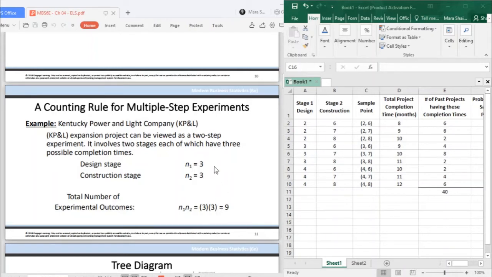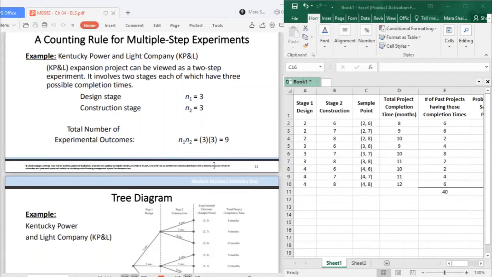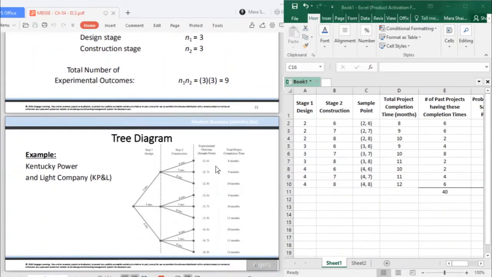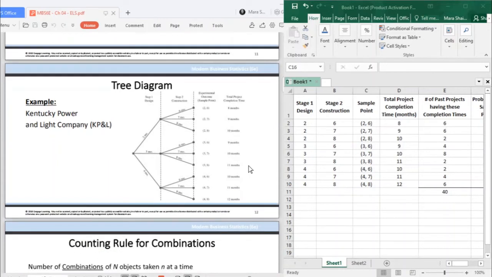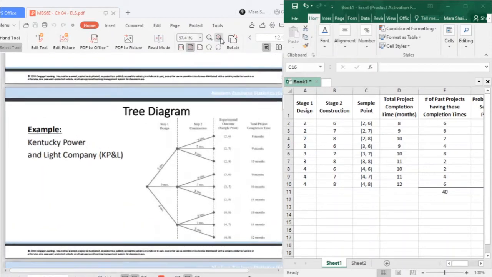Meaning, there are a total of 9 possible experimental outcomes. If we use a tree diagram for that, as you can see here, let me zoom in so it is clearer.